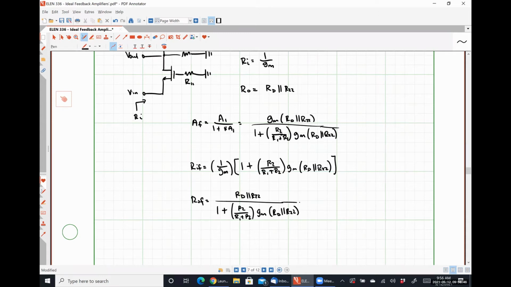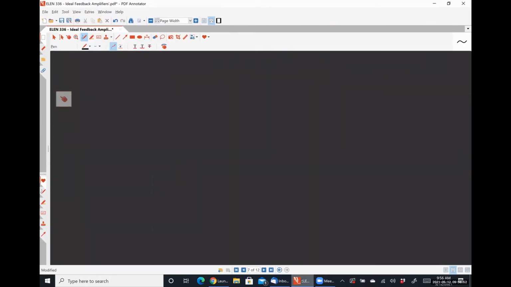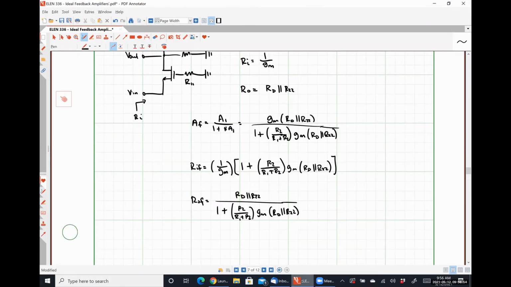All right, so give me just a moment to pull up MathCAD. Oh, what the heck is going on there? All right, a while on that.